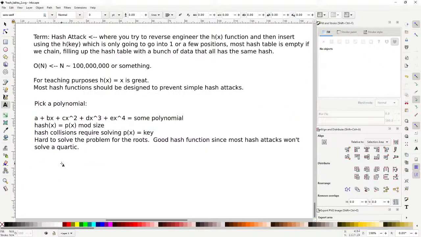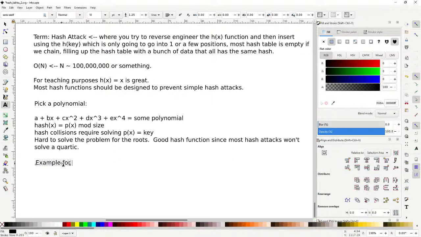And so that leads us into an example. So here's an example for strings, right? A good hash function for strings, I'm not saying it's a perfect hash function or anything, is that if our string is called C, then you could do C of 0 plus C of 1 times, I don't know, X plus C of 2 times X squared plus C of 3 times X cubed plus C of 4 times X to the 4th plus dot dot dot.